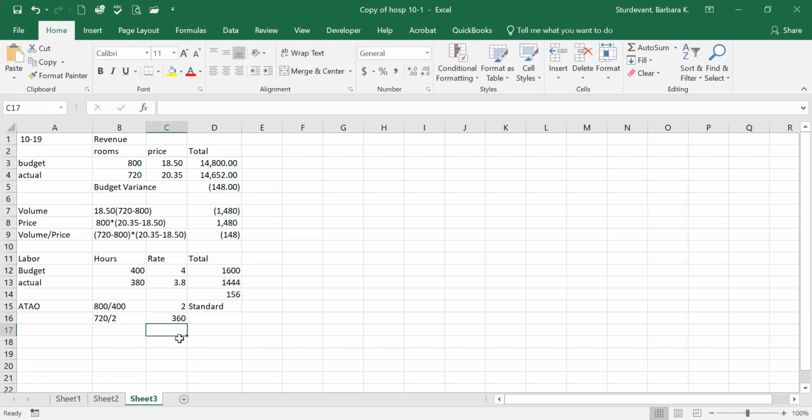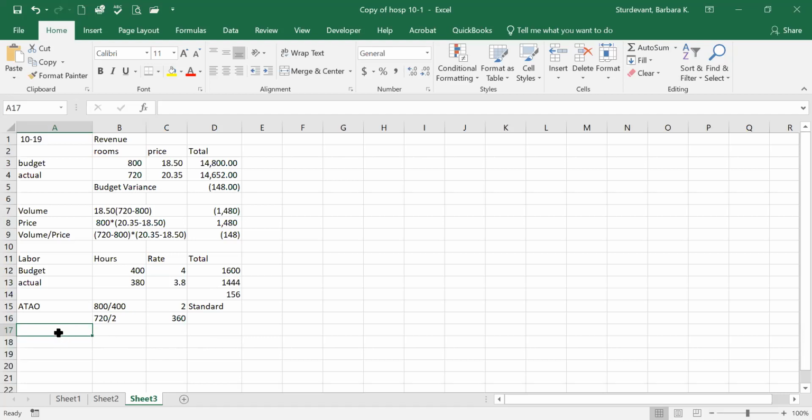Should have spent 360 hours. So if I look at what I actually spent versus what I was supposed to spend, even though we're under budget, we're not efficient.